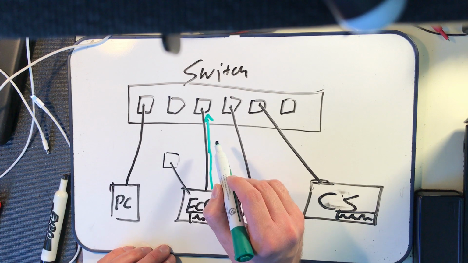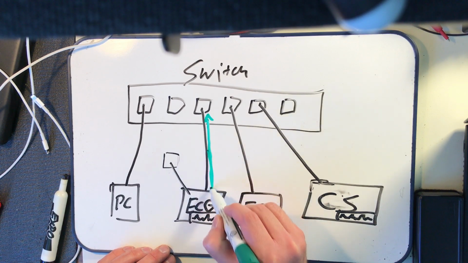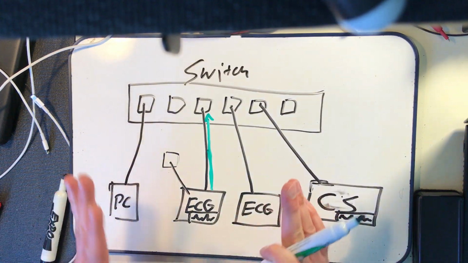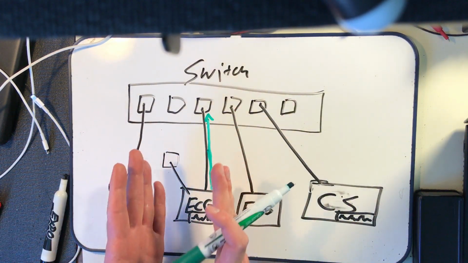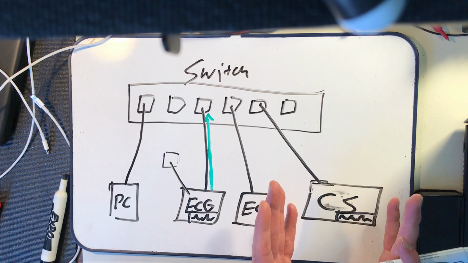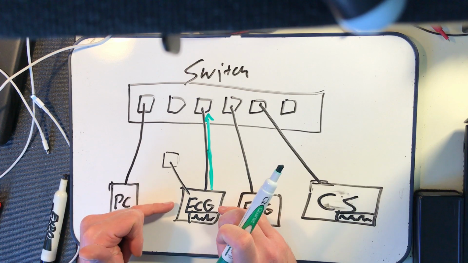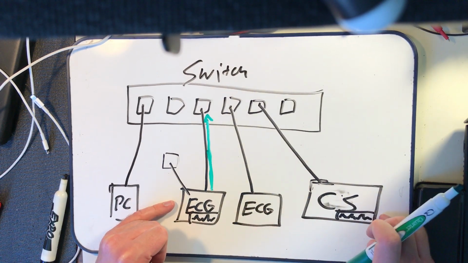The switch receives this information. It compares the hardware addresses, and I'm going to be glossing over a lot on this, but let's just say it's comparing the source and destination hardware addresses of the device. So it's coming from this device, it's going to this device.